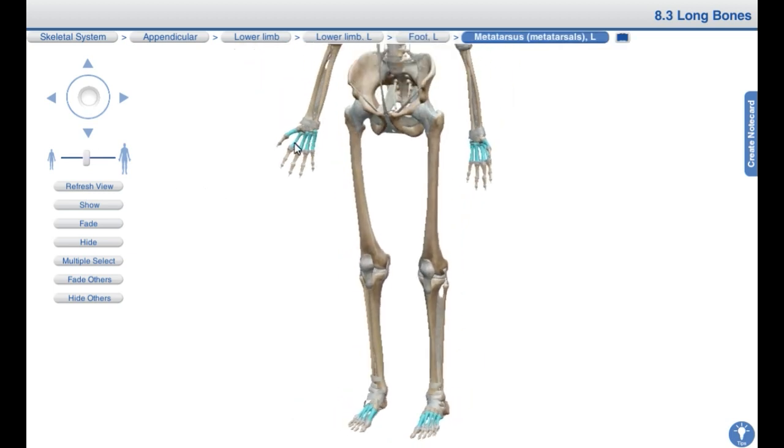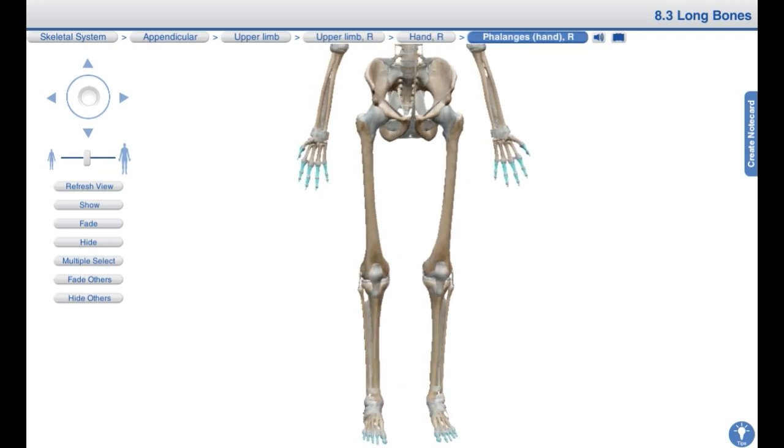These are the metacarpal bones in the hand and metatarsal bones in the feet. And the last one, phalanges, present both in the hands and in the feet.